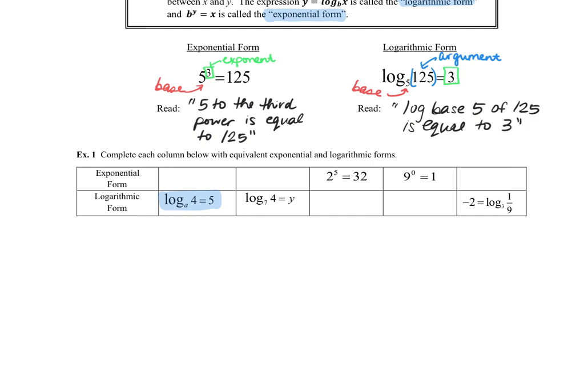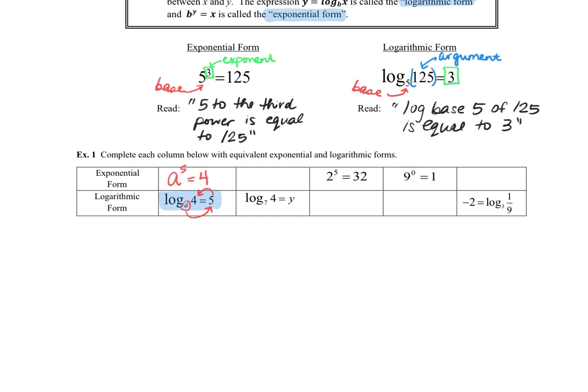So when we convert this into the exponential form, I always recommend that you start by identifying the base. In this case, the base is A. So we'll have a base of A in exponential form. And then remember, a logarithm is an exponent. So this would be A raised to the 5th power is equal to the argument, in this case 4. So this would be A to the 5th power is equal to 4.